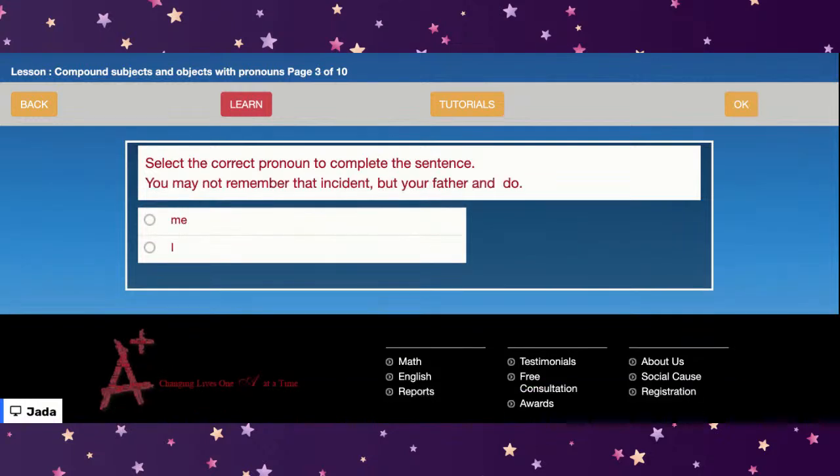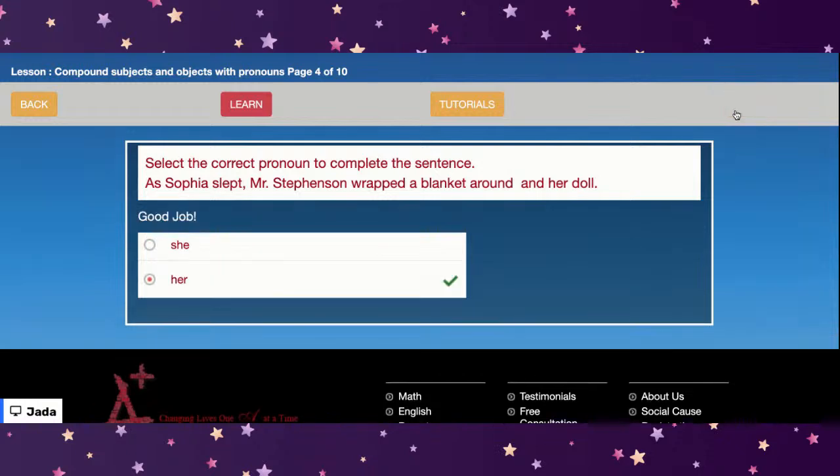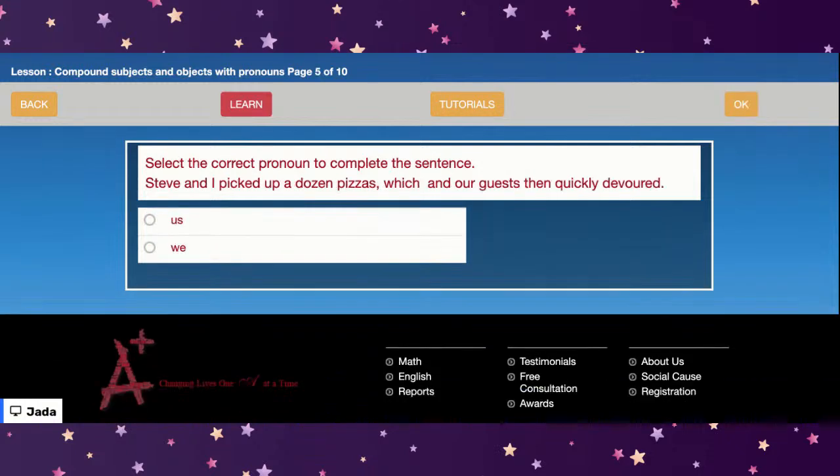You may not remember that, but your father and I, this was in the tutorial, do. As Sophia slept, Mr. Stephenson wrapped a blanket around blank and her tall doll. Is it around her and her doll, or around she and her doll? What's the right one? Steve and I picked up a dozen pizzas.